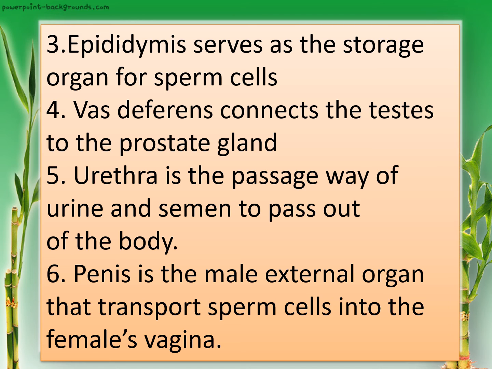Vas deferens connects the testes to the prostate gland. Urethra is the passageway of the urine and semen to pass out of the body. Penis is the male external organ that transports sperm cells into the female vagina.